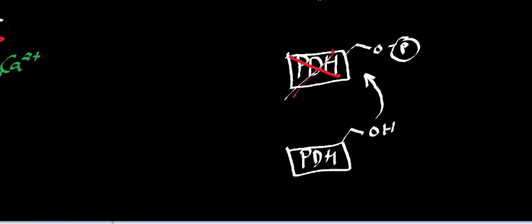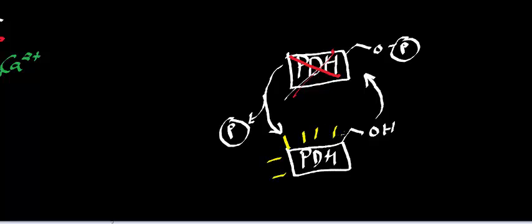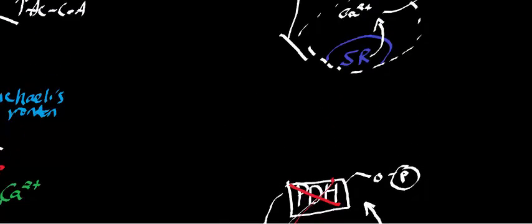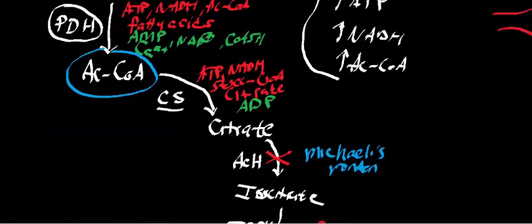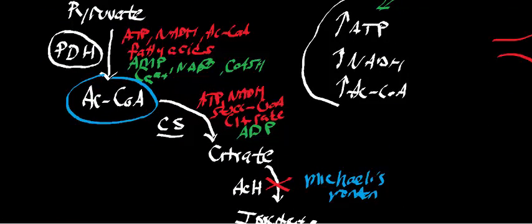But then there are phosphatases that can take off the phosphate and return it back to the non-phosphorylated version. And in that case, pyruvate dehydrogenase is active. So what does this mean? Well, we saw allosterically at least that when ATP was present, it normally turned off the enzyme allosterically.